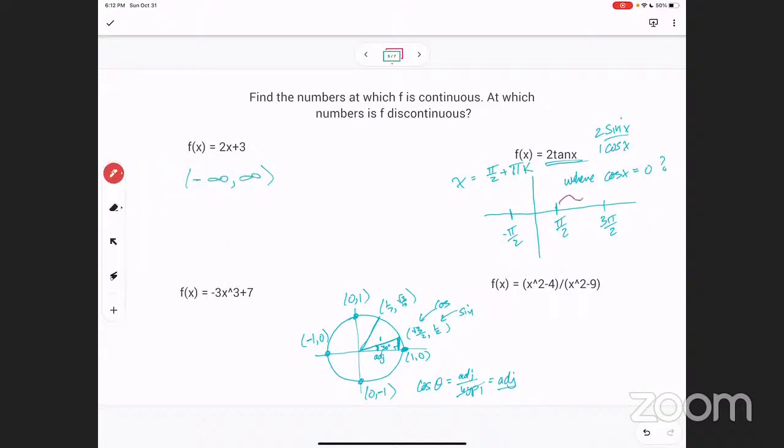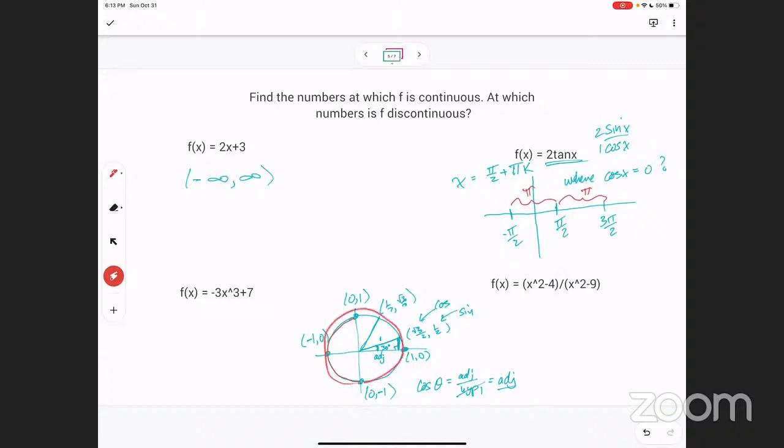I feel like I'm confusing you. That distance there is pi. That distance there is pi. This distance here on my unit circle, that distance there is pi. So as you go around your unit circle, every pi units starting at pi over 2, going forward or backward, you're going to get a cosine equals 0.